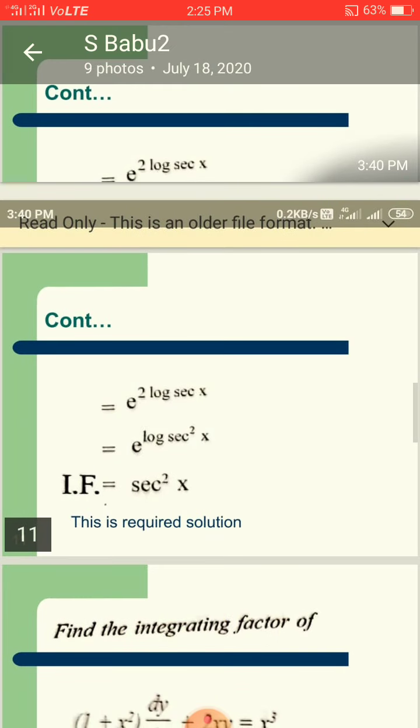Exponential function e and logarithmic function log are inverse to each other, so we can strike off the exponential and logarithm functions. When we strike off e and log, we simply get the integrating factor is equal to secant square x. This is the required solution.